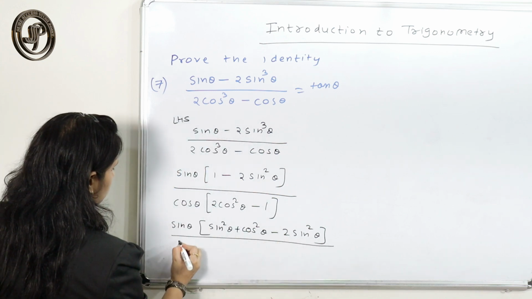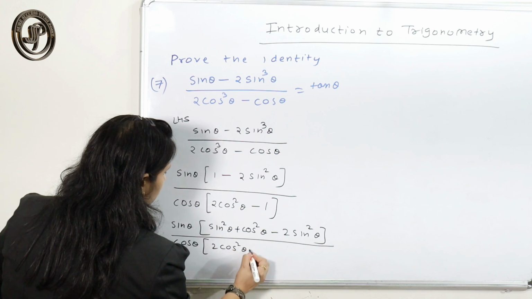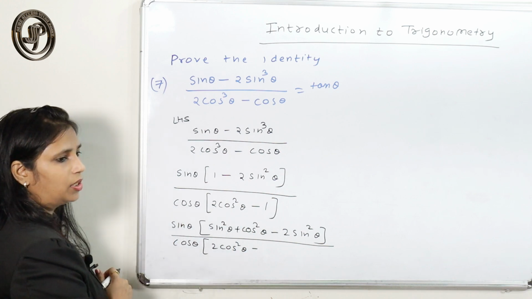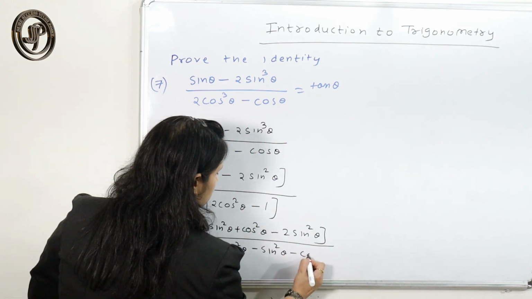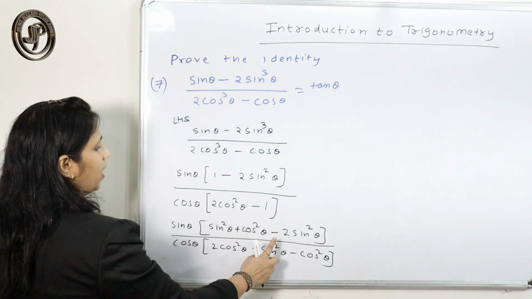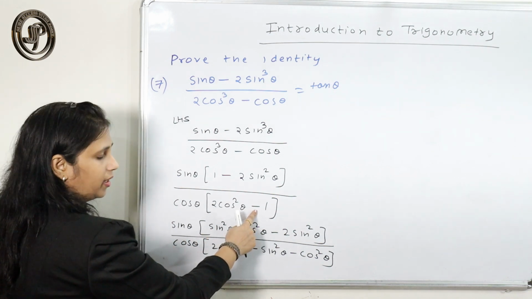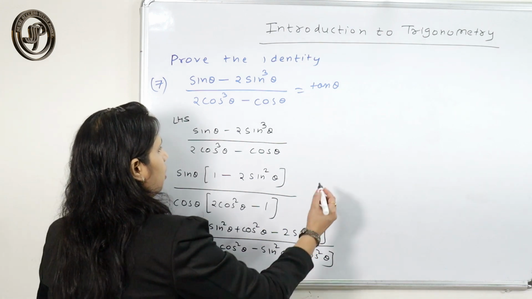And also in the denominator, 2 cos square theta, here in lieu of 1 I can write sin square theta plus cos square theta, but the minus sign is there. So when I open the bracket, it becomes minus sin square theta minus cos square theta.